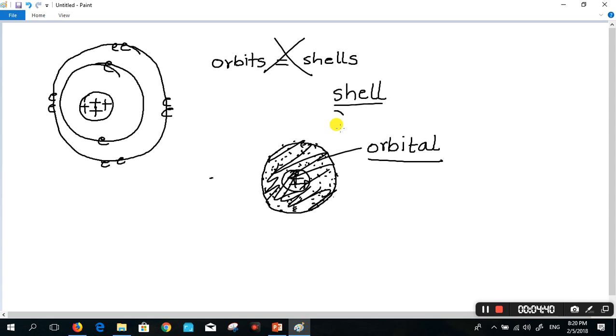So this spherical orbital might belong to the first energy level or the first shell. So what you'll see written in books is that shells contain orbitals. What that really means is that the electrons in those regions of space have a particular energy level, or they share a particular energy level.